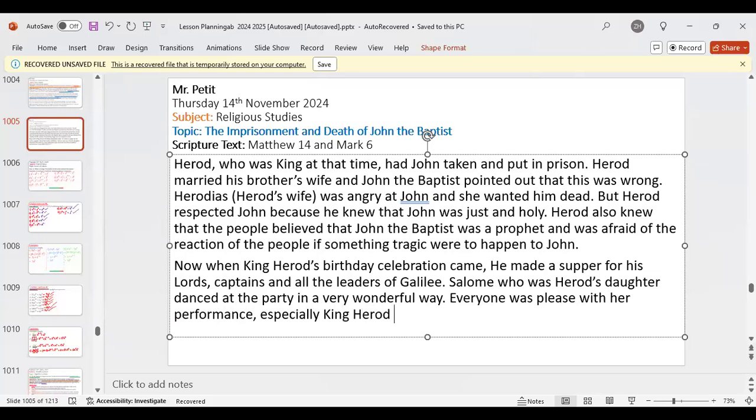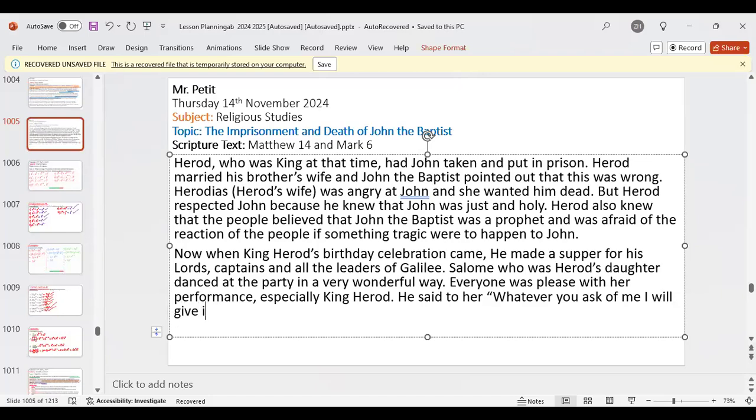He granted her a wish. Yes, he said to her, whatever you ask of me, I will give it to you, even half of my kingdom.